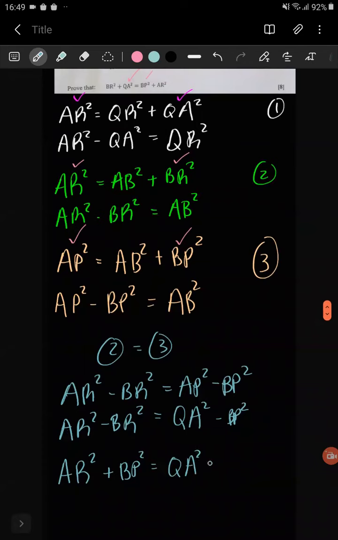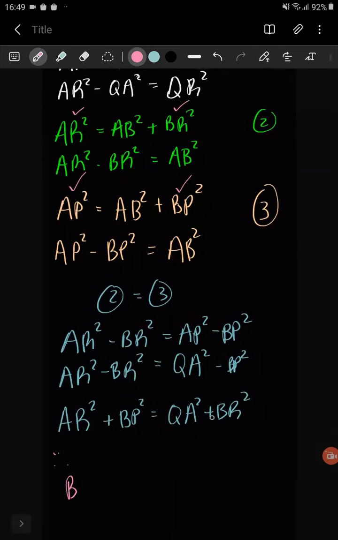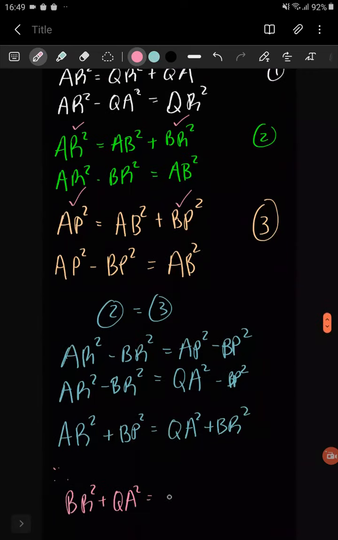What's with the voice? Come on, man. So you see, all these are positives now. And then we can write these first, like what our answer has. So therefore, it starts with BR squared plus QA squared is equal to BP squared plus AR squared.